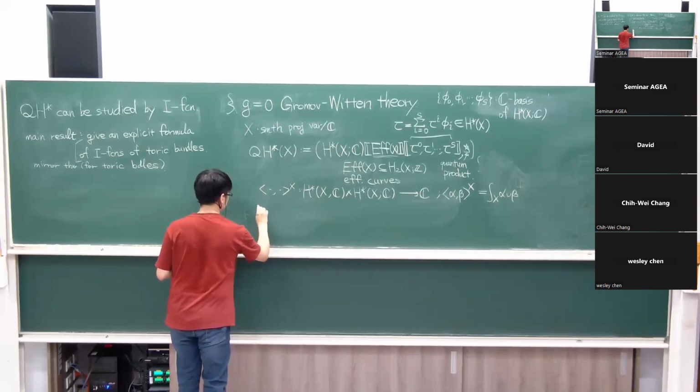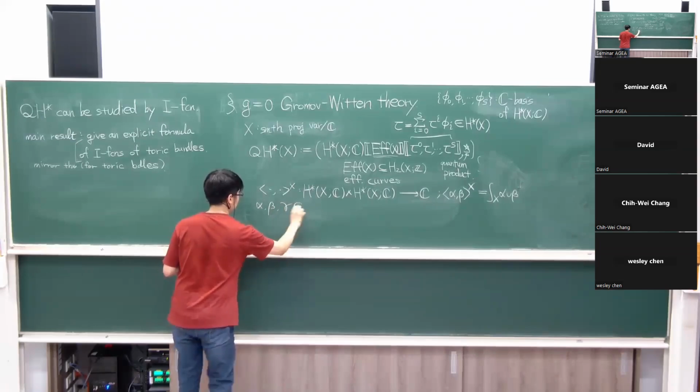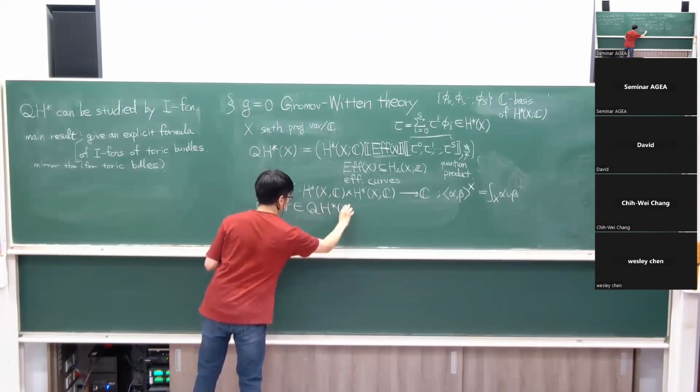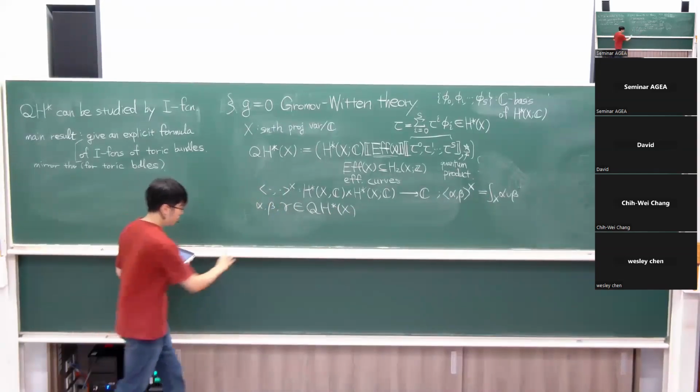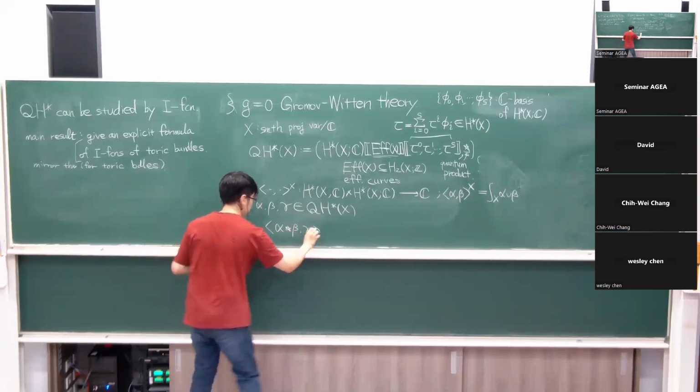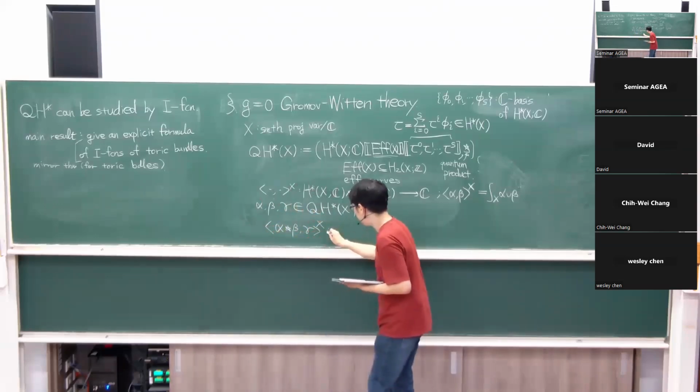For alpha, beta, gamma in quantum cohomology, alpha star beta is defined by this formula.